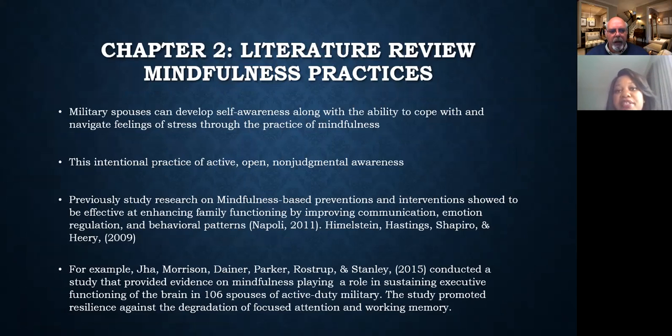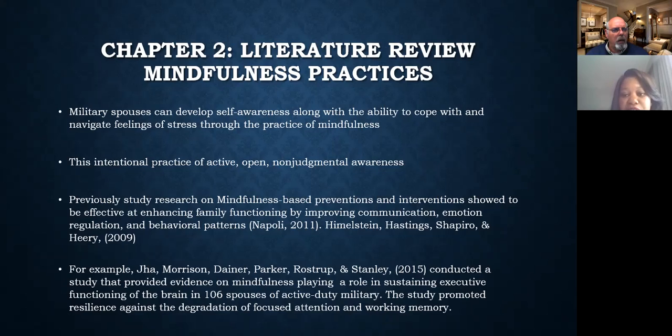So the literature suggests that mindfulness practices, which is the self-awareness that one may have, its intentional practice of active, open, and non-judgmental awareness, can help spouses cope and navigate feelings of stress. A study showed that mindfulness-based preventions and interventions were very effective at enhancing communication, emotional regulation, as well as behavioral patterns.